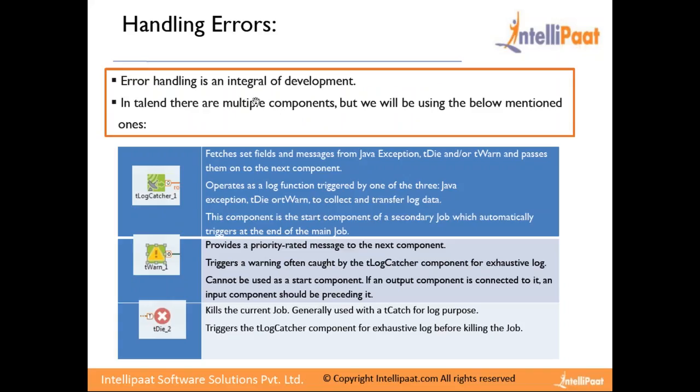So here in Talend we have the components which will help us out, which are tLogCatcher, tWarn and tDie. tLogCatcher is an independent component which should not be connected in the job to any of the data flow.